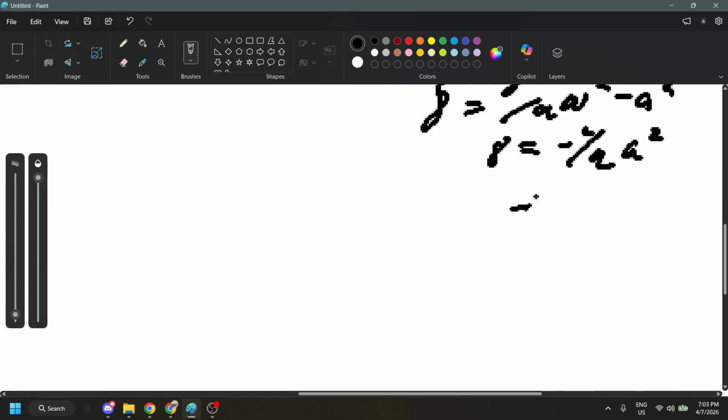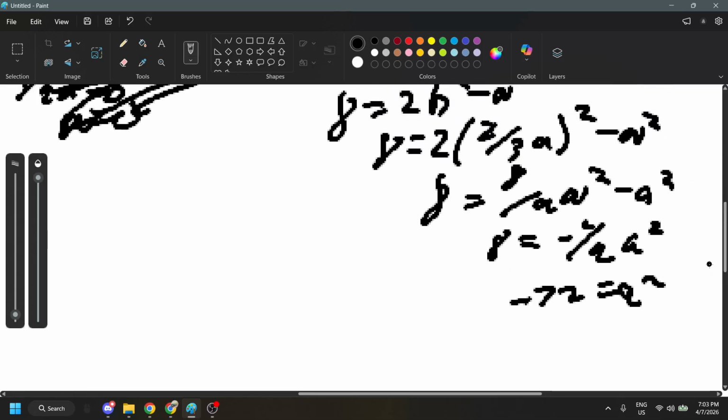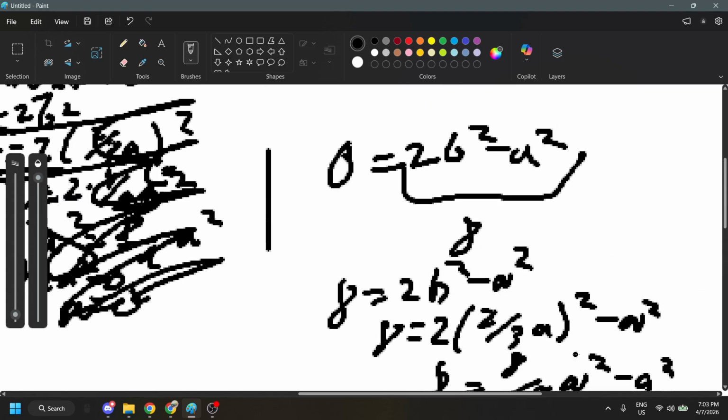Oh, negative 72 is equal to a squared. Where are we getting the negative 72? No, we were so close.